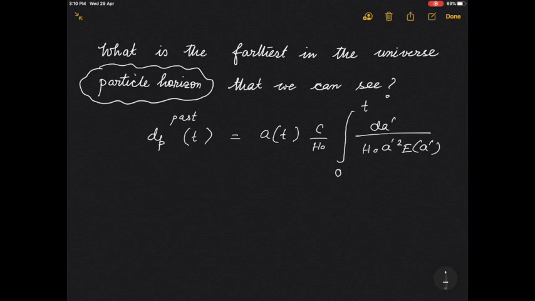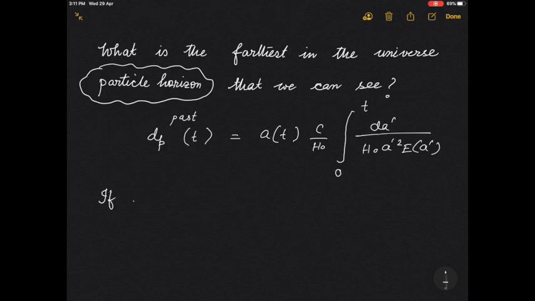Okay. So this is about the past. So what are the events in the past which can influence you at present? Let us ask the same question, but now for the future. What if we wait for infinite time?